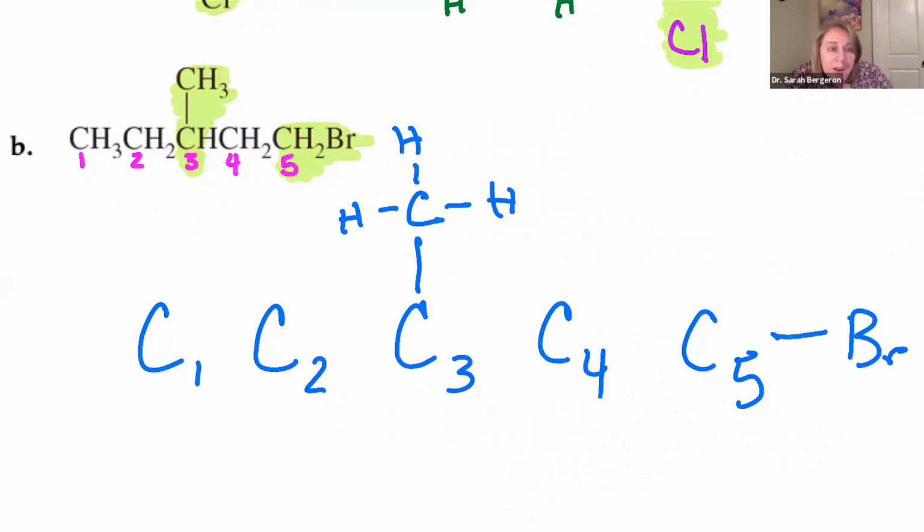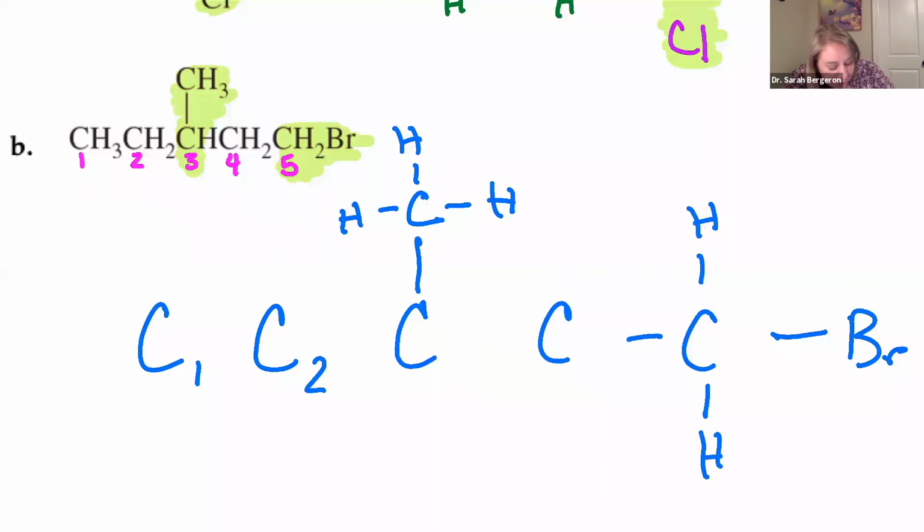Because you're given the basic structural outline, you're given all the hydrogens in this, so this is kind of easy. Our carbon 5 has, in addition to 1 bromine, 2 hydrogens, so we're told already what we need. I'm going to erase my numbers and put in my single bonds between my carbons.